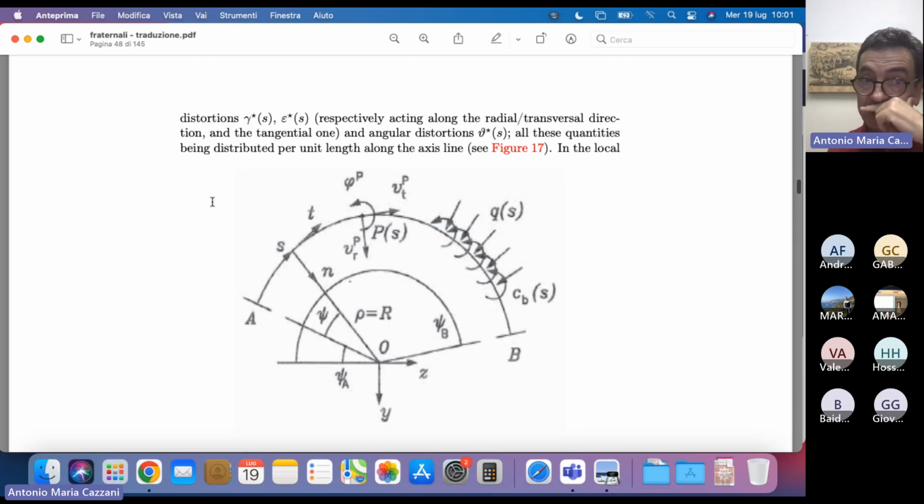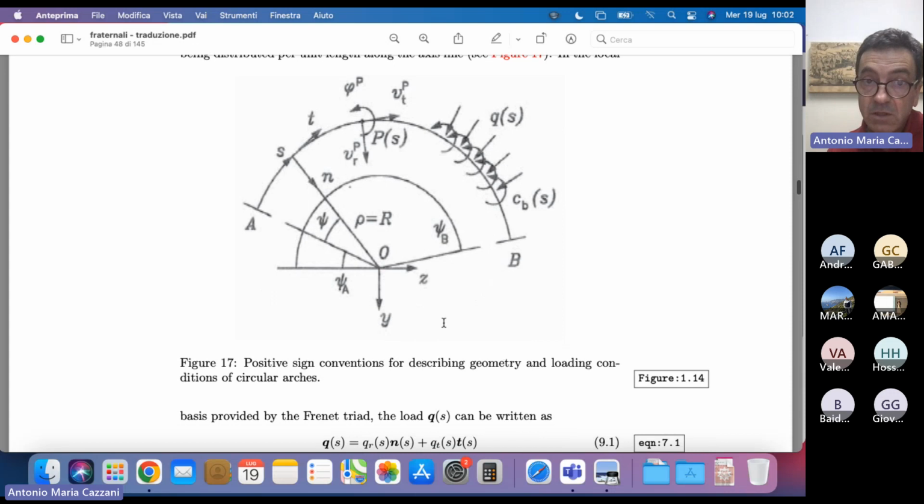All these quantities are distributed per unit length along the axis line, and here it is shown the axis of the arc, which is an arc of a circumference, and so the arc length S is of course measured along the arc.